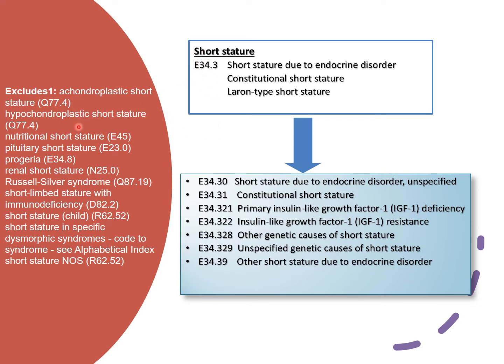Coming to the Excludes1, if you see the current Excludes1 for 2022, we have achondroplastic short stature Q77.4, hypochondroplastic short stature Q77.4, nutritional short stature E45, pituitary short stature E23.0, progeria E34.8, Russell-Silver syndrome Q87.19, short-limbed short stature with immunodeficiency D82.2, short stature NOS or child R62.52, short stature in specific dysmorphic syndrome go by alphabetic index. These are the short stature codes.